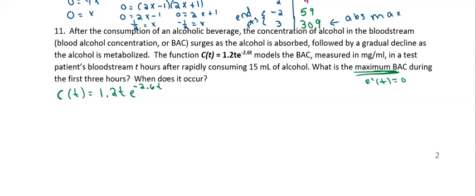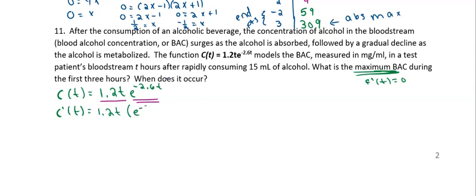So C prime equals, you got to think of this as a little mini product rule right here. Here's the first, here's the second. So our product rule says first, so 1.2 t times the derivative of the second. And this is an e to the f of x. So we have to do our little chain rule within our product rule.